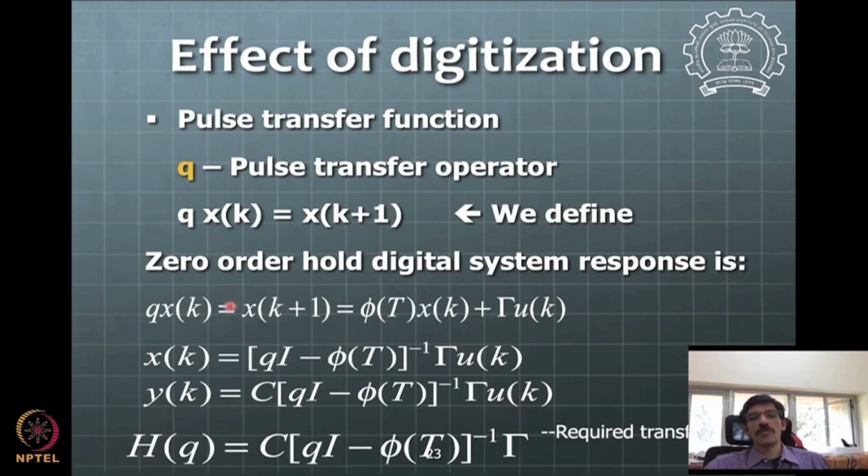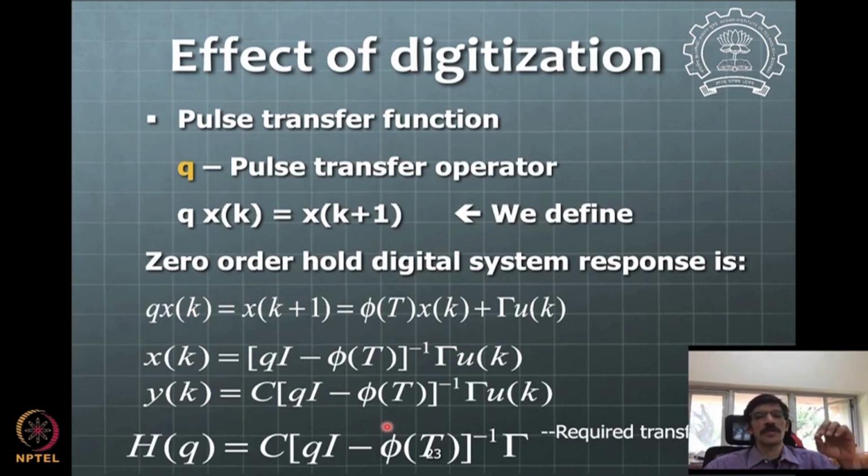So this is how we start getting similar kinds of analogies to what we have in the continuous domain, okay. So one can see that, suppose we have the system x dot is equal to Ax plus Bu and y is equal to Cx.